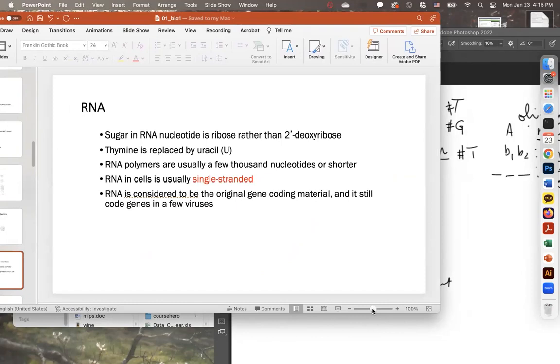Okay, so that's what it is. And compared to RNA, again, thymine in DNA changes to uracil in RNA. But RNA is single-stranded. Some RNAs are double-stranded, if not entirely, then some portions of it.